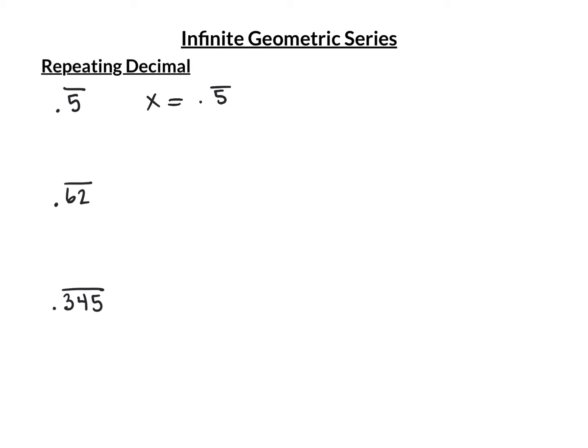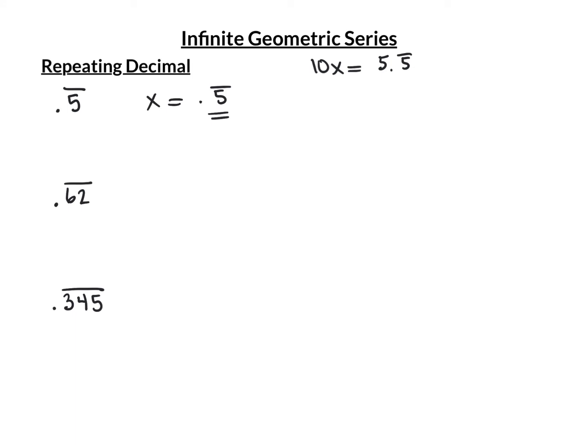If 2 places repeat, you're going to multiply by 10 to the second, 100. If 3 places repeat, you're going to multiply by 10 to the third, 1,000. So I'm going to multiply x equal 0.5 repeating both sides by 10. When I do that, I get 10x equals, and when I multiply this by 10, it ends up being 5.5 repeating.